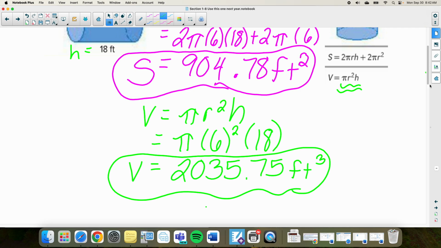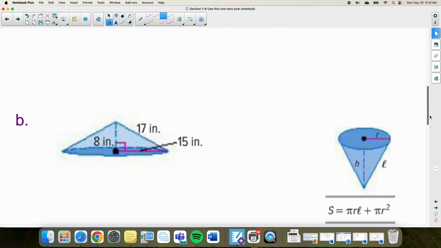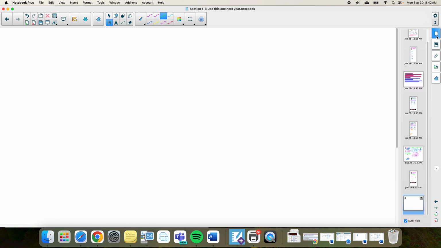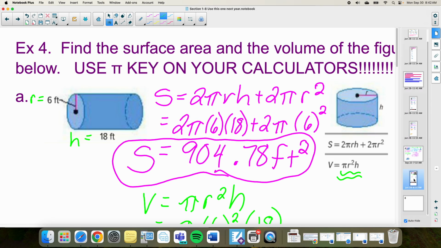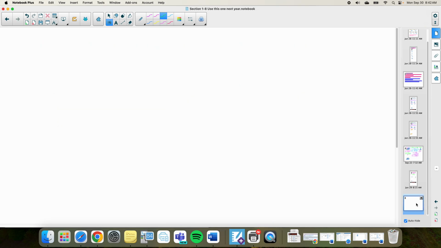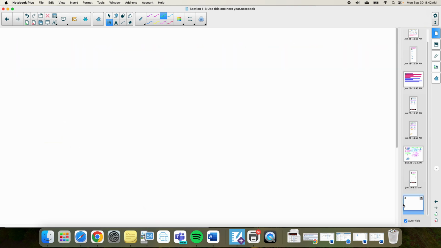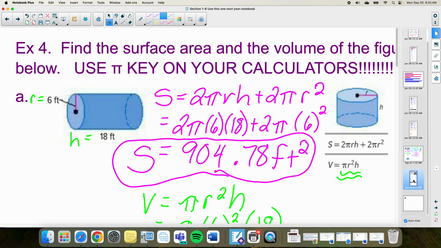All right. Now let's go to our last one, which is on the last page here. Well, that's interesting. For some reason, I don't have the last page, so give me 1 second to grab that.